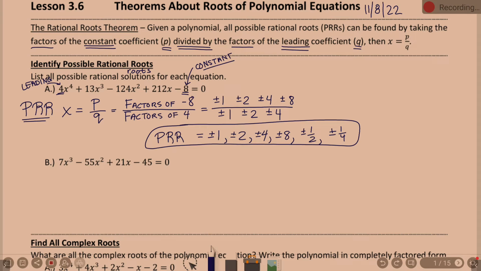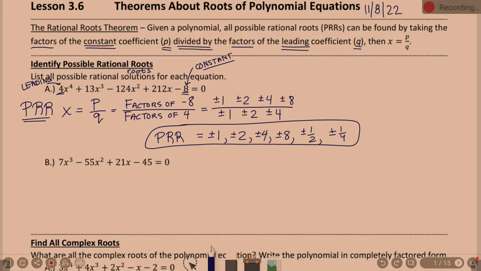It's a multiple choice situation. In their multiple choice, they don't say plus or minus 1. They say 1, comma, negative 1. Instead of plus or minus 2, 2, comma, negative 2. So they're going to have them all listed out as opposed to the plus or minus that we shortcut with. Okay, so just some FYI there about homework.